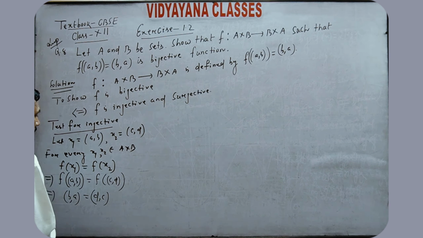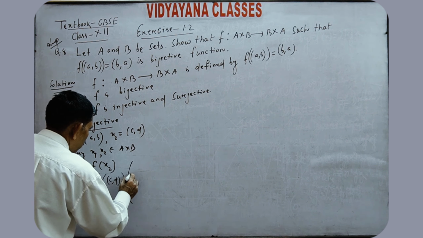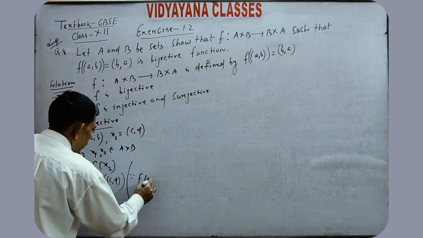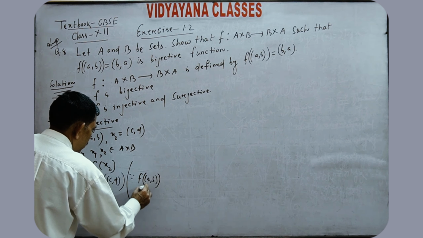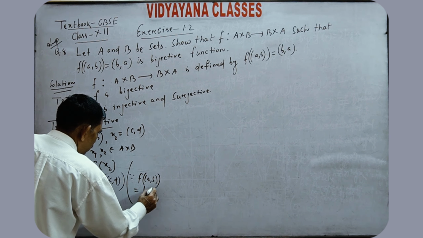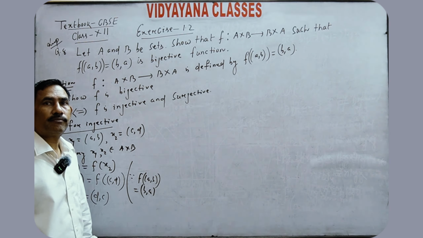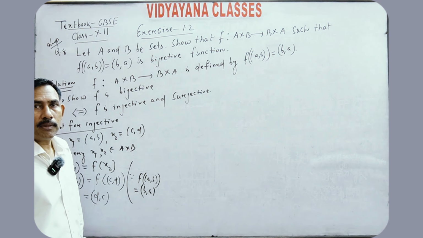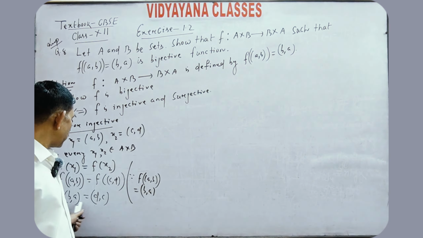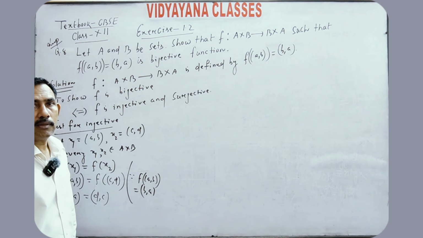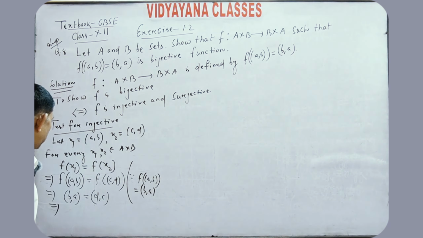Since f(a, b) order pair is equal to (b, a) order pair, which implies two coordinate points are equal if their respective coordinates are equal.